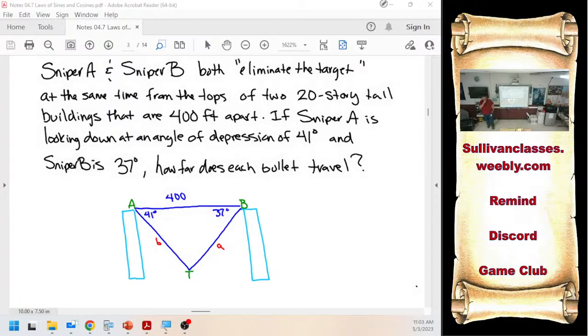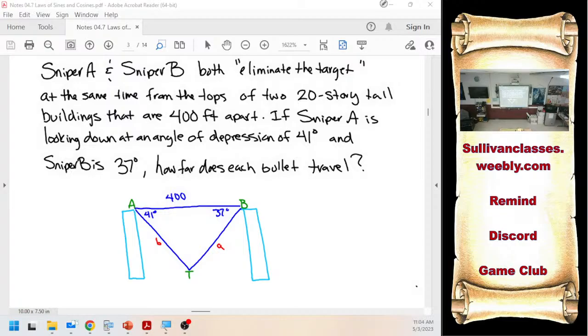Okay. And those angles are pretty close together, so I bet your sides are going to be pretty close together. So maybe 240 and 280 or something?